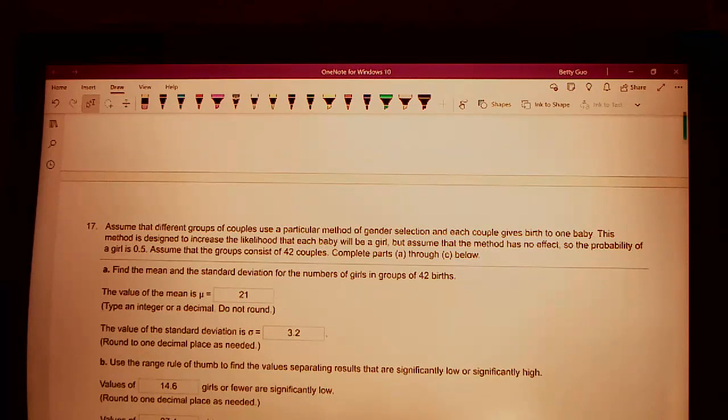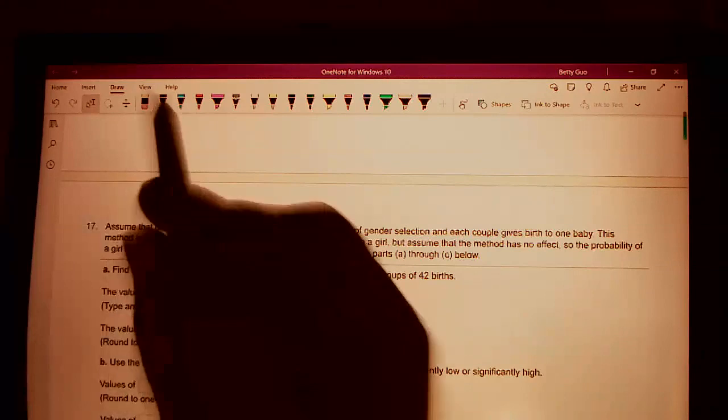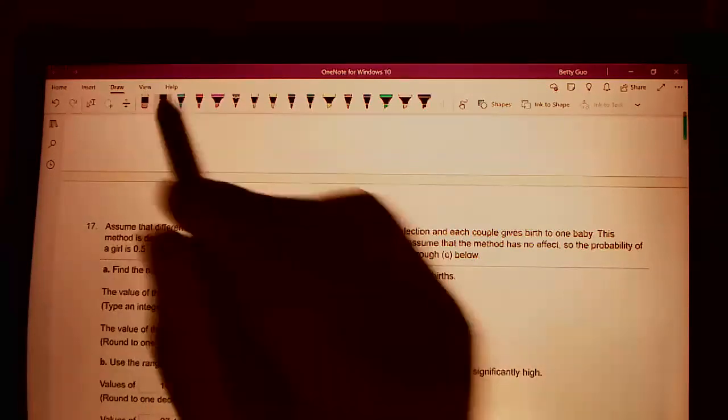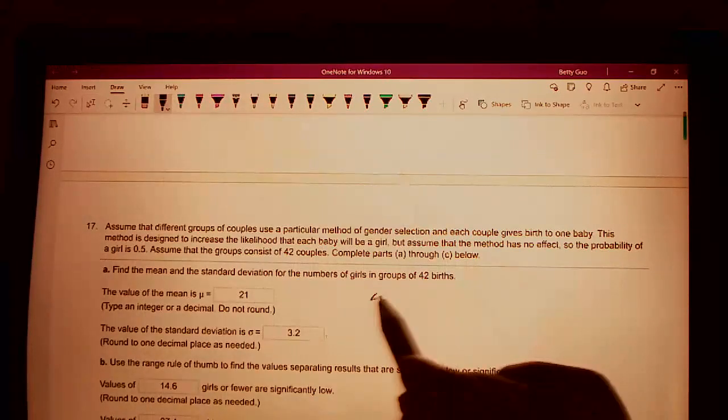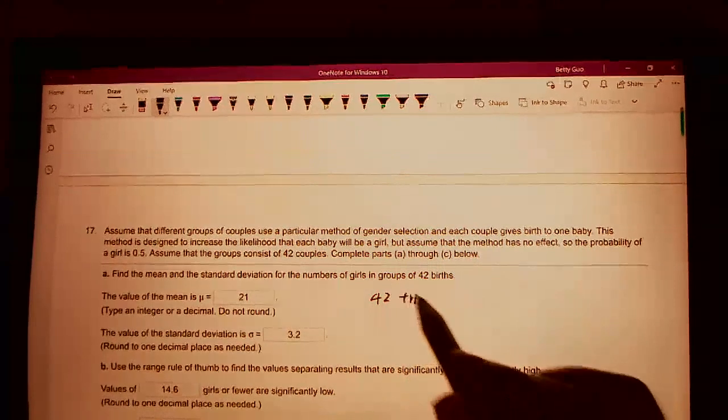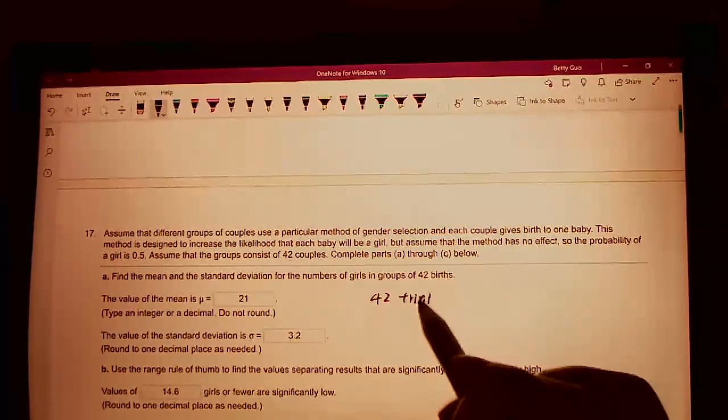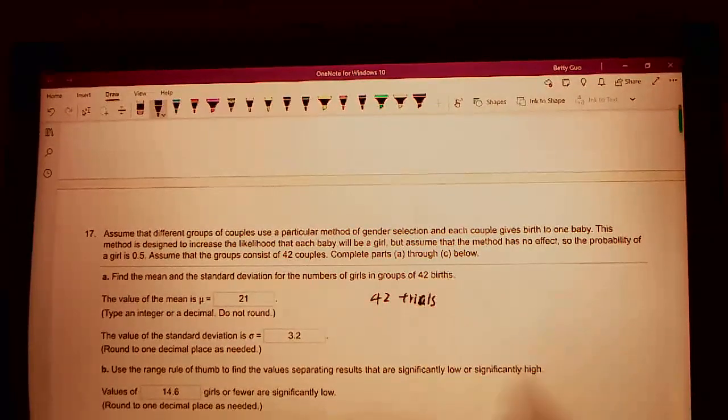We have a binomial distribution procedure here. We consider the 42 couples as 42 trials. And those 42 trials are independent when it comes to giving birth to a girl or boy, right?